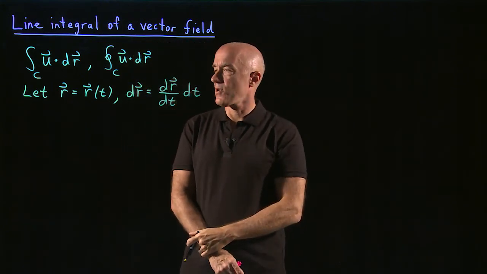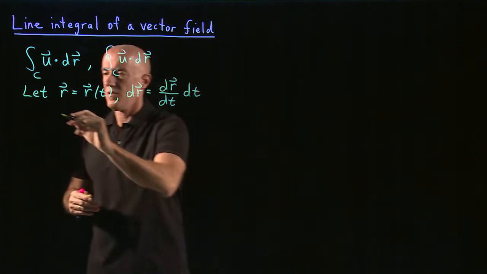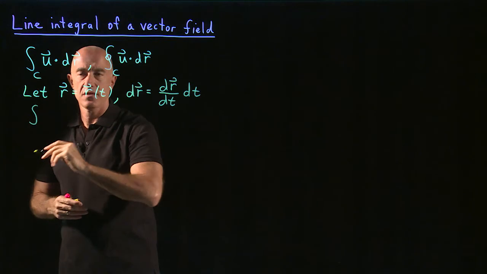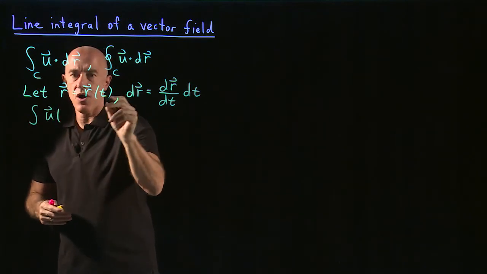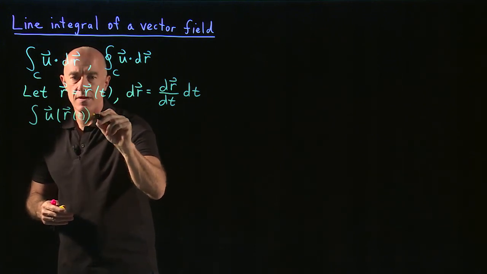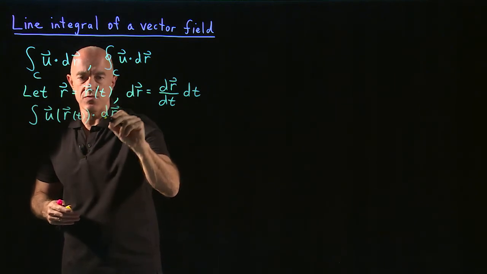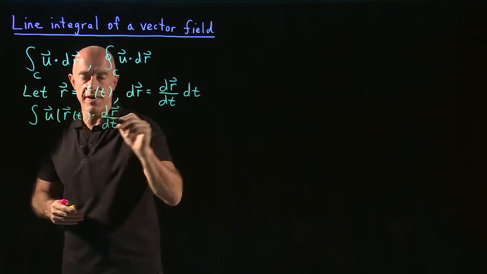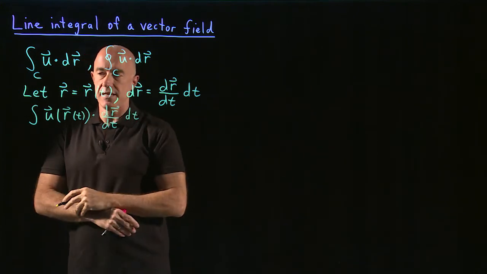Okay? So the integral using this parameterization would be written as the integral of u at r, which is a function of time, dotted into dr/dt, the derivative of the position vector with respect to time, times dt.